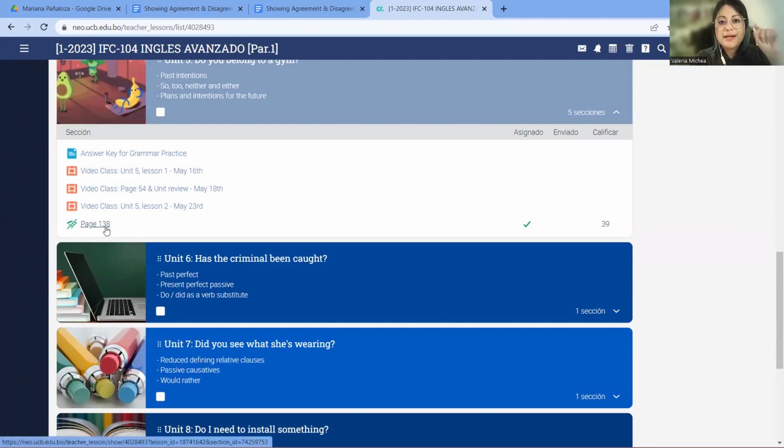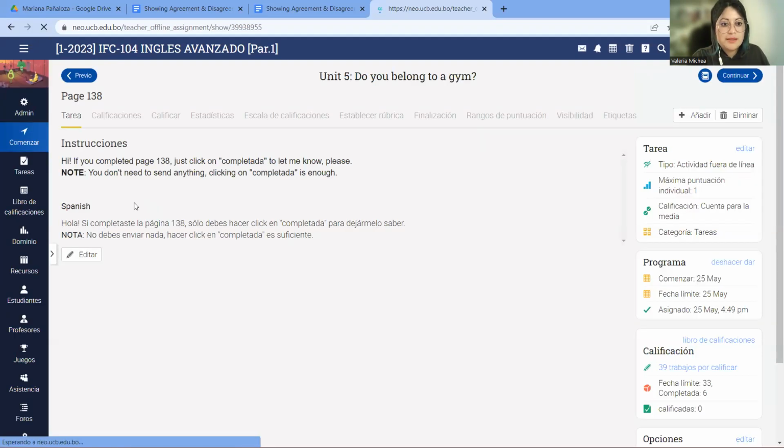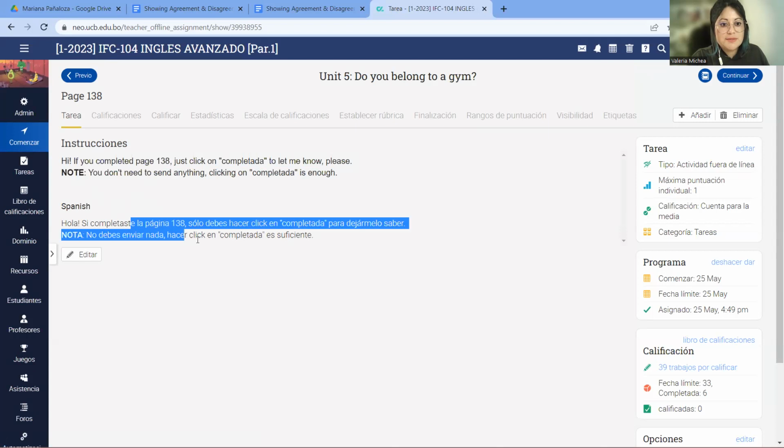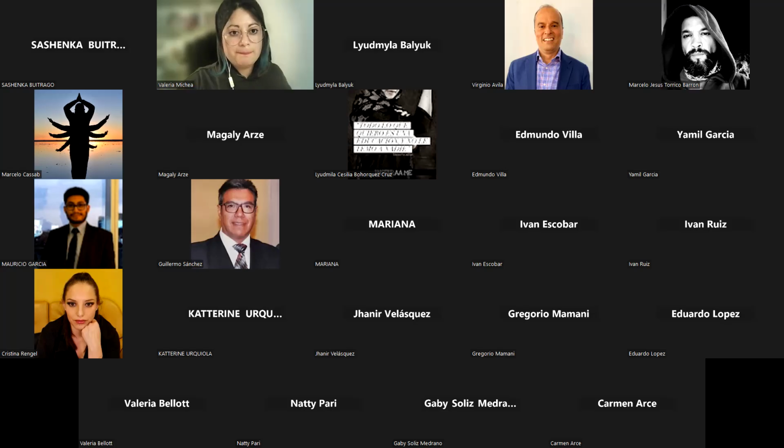If you did it, click the button there. If you didn't, don't click anything. That's it, right? So I also wrote the instructions in English and in Spanish. So please make sure you read the instructions so you understand how to do it. That's the last message I wanted to share.